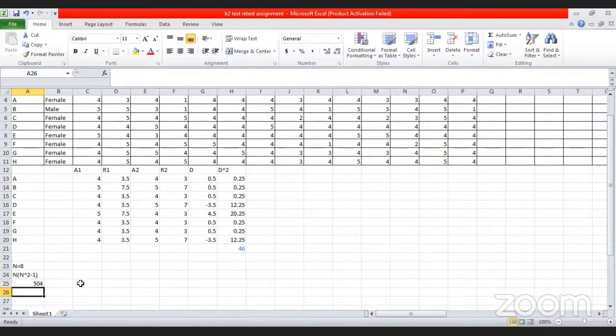Now I have to put it into the formula, that is 1 minus 6 summation d squared by n into n square minus 1. I have this summation d square, I have this n, I have this n into n square minus 1.